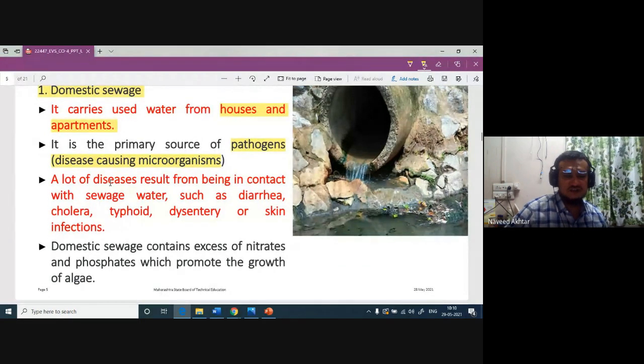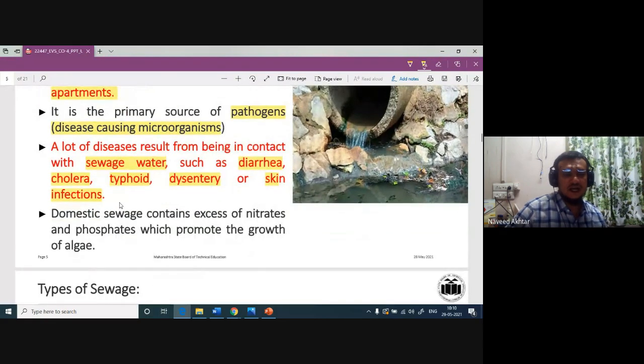A lot of diseases result from contact with sewage water, such as diarrhea, cholera, typhoid, dysentery, or skin infections. Domestic sewage also contains excess nitrates and phosphates, which promote the growth of algae.